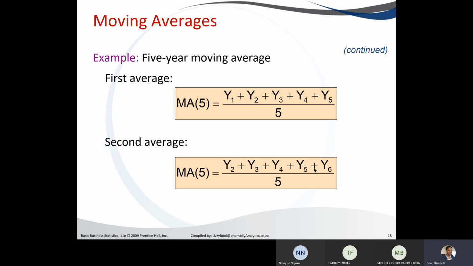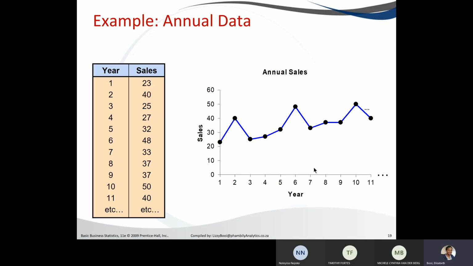So this is an example of the data by year. We have periods which start from year 1 until year infinity, or whatever year they've captured. So here we have 11 years of data of annual sales.